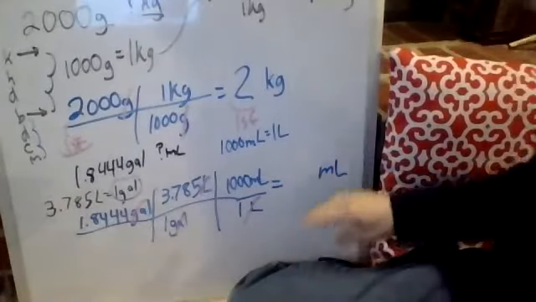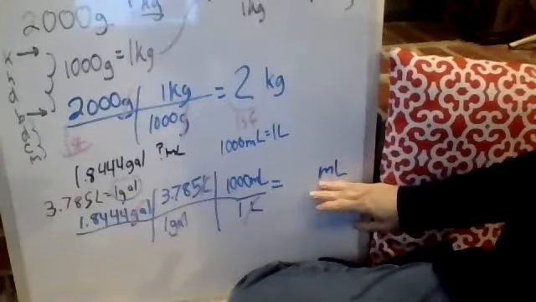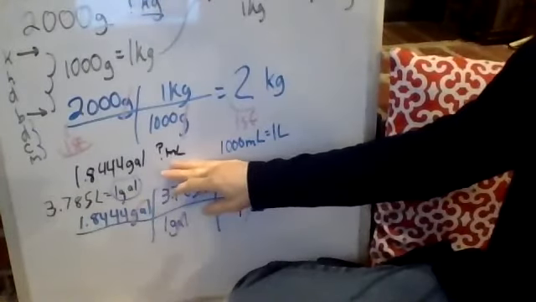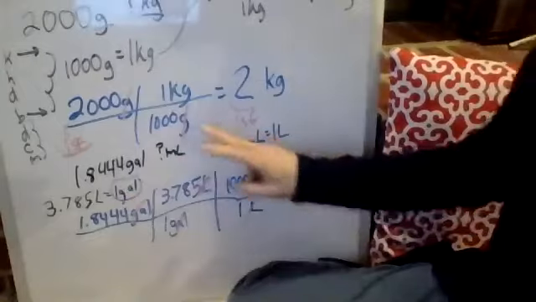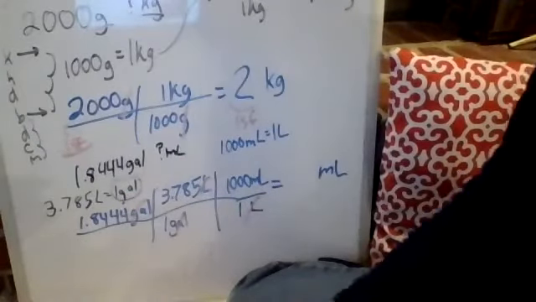We'll double check our units to make sure we're on the right track before we plug it into the calculator. Milliliters here, we were asked to solve for milliliters, so they do agree, so we know we're on the right track.